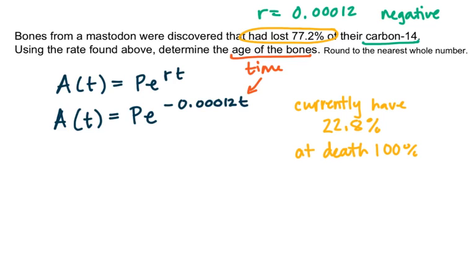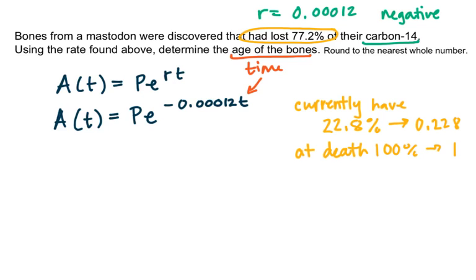So if I take these percentages and write them as decimal values, because we don't like to use percentages in the problem, that would be 0.228. And this one, 100 divided by 100 is 1. So we started with 100% and we've been losing carbon-14 to where we currently have 22.8%.